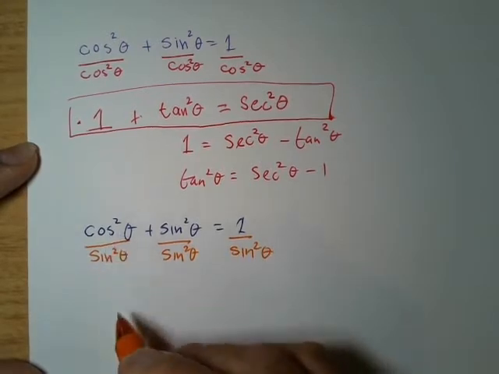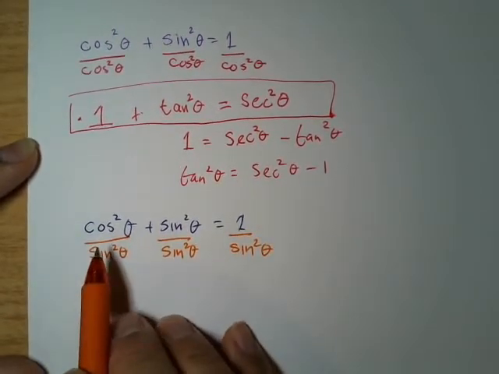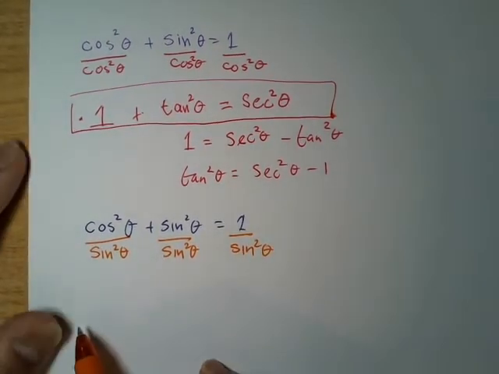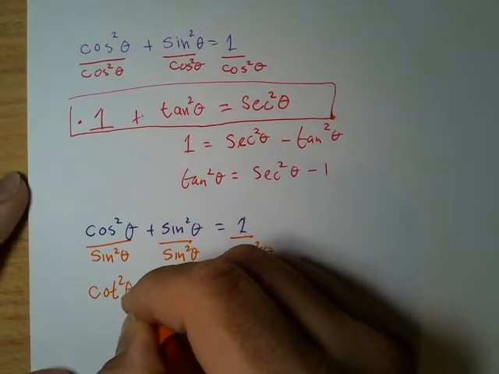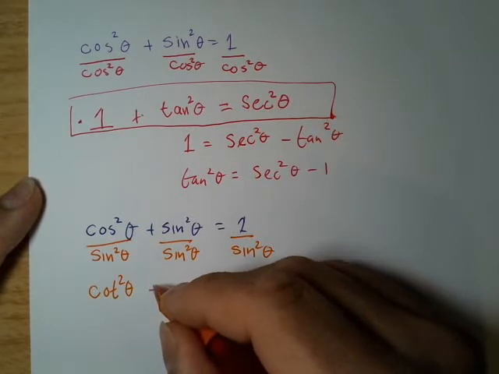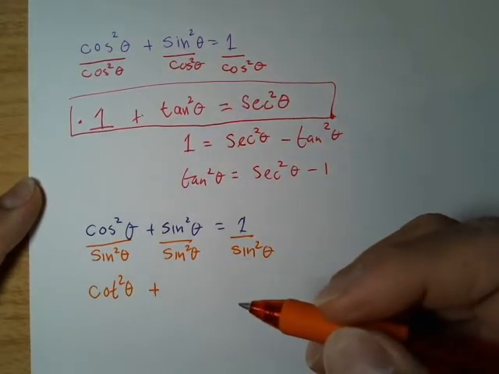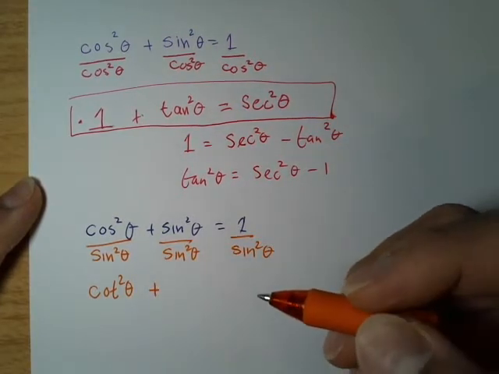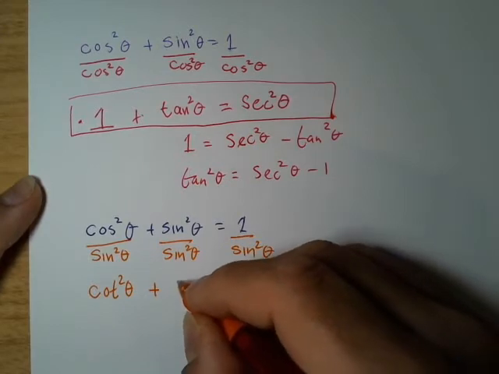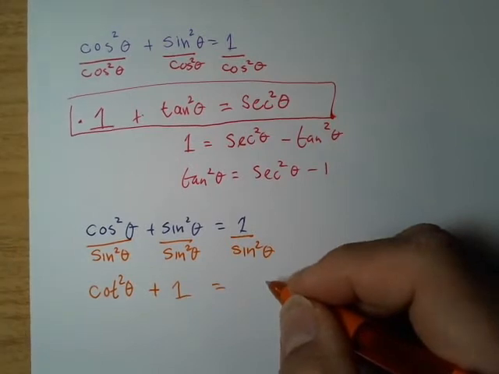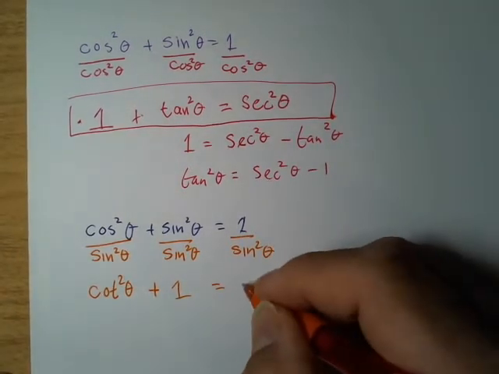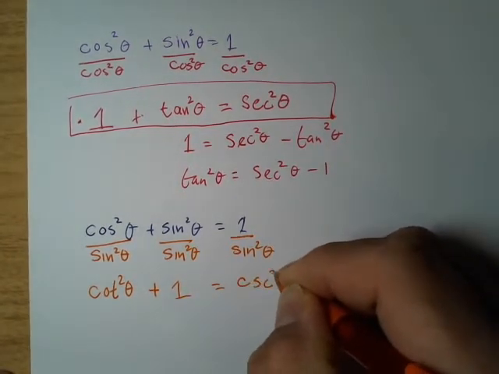And we see here again now we have cosine over sine. That's the cotangent, and both of these factors are squared, plus 1. And then over here, 1 over sine squared is, well, 1 over sine is cosecant, and since it's squared, this just becomes cosecant squared of theta.